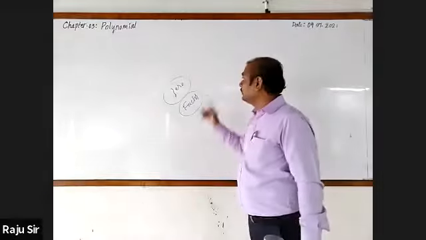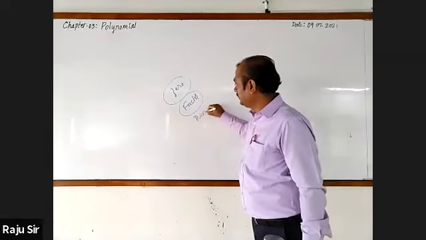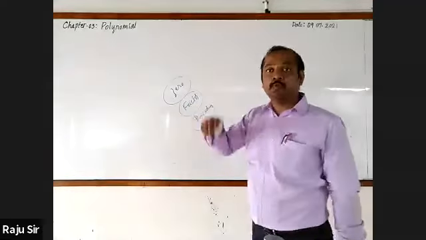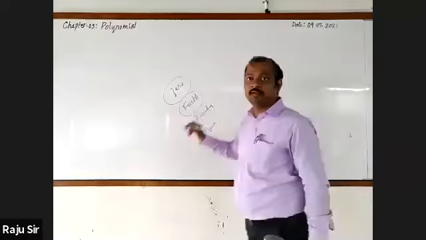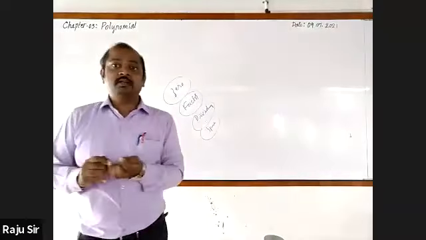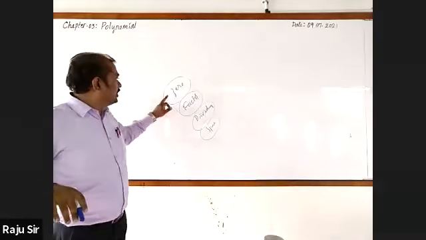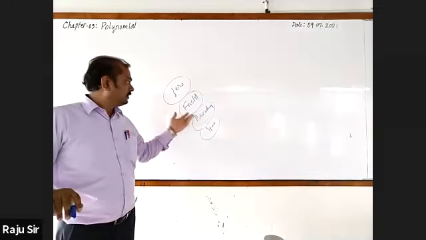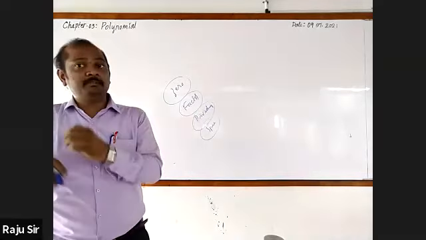Third, you go for dividing the polynomial by the obtained factor. And fourth, splitting the middle term. In one question only, we can test these 4 skills: the skill of finding the zero, the skill of finding the factor, the skill of dividing, and the skill of splitting the middle term.